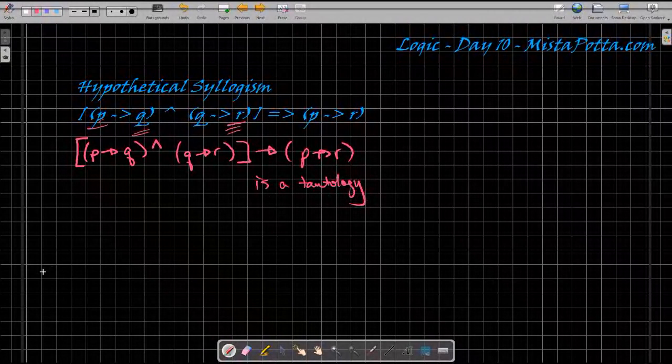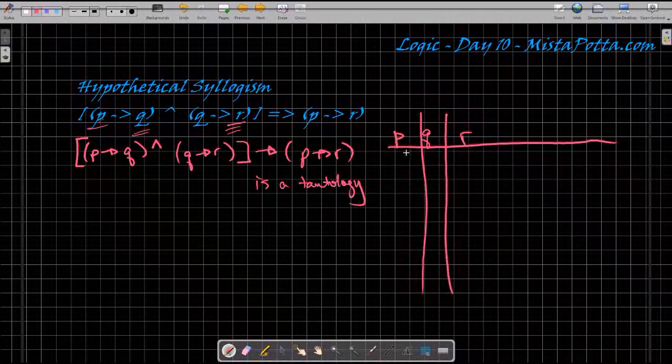But when I'm doing this truth table, I've got P, Q, and R. And because I have 8 rows, 2 times 2 times 2 is 8. Half of 2 is 4.